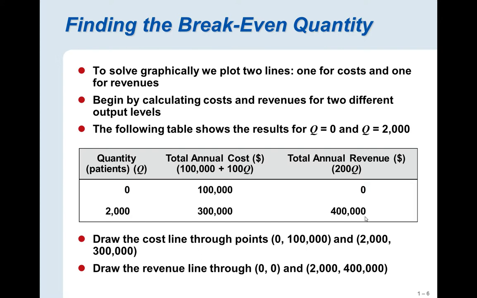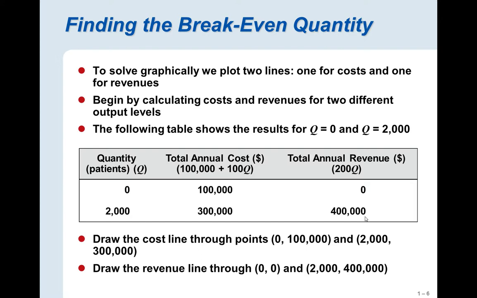The first is the total cost line, which is fixed cost plus variable cost, or 100,000 plus 100 times Q. The other is the revenue line, which is P times Q, or 200 times Q. To draw each line, you need two points. One point must be at a quantity lower than the break-even point. The recommended value is 0.